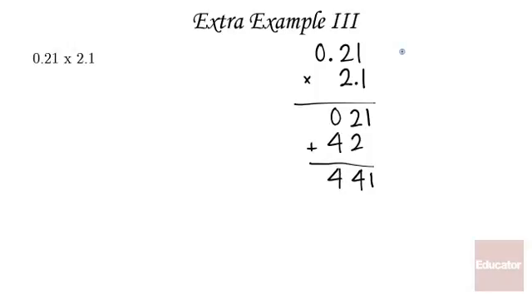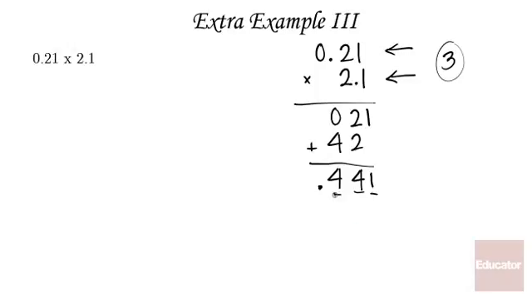So now I look at my numbers. How many numbers do I have behind decimal points? So here I have 2, and then here I have another one. So I have 3 total. So I'm going to go to my answer. I'm going to count 1, 2, 3. Okay. So my answer, I have to make sure that there's going to be 3 numbers, the same number of numbers behind this decimal point.